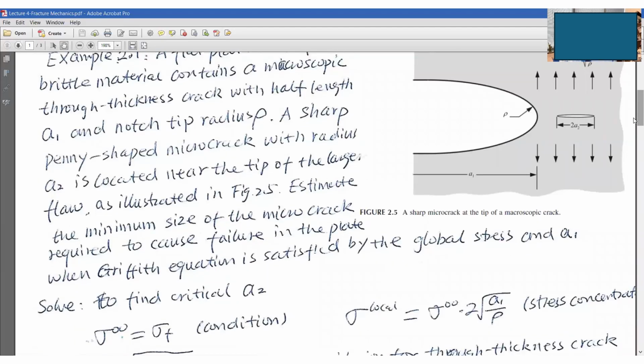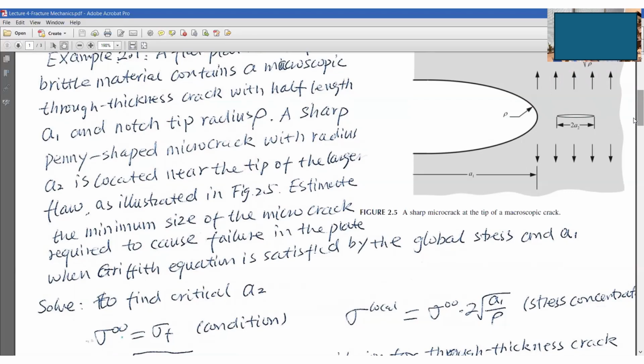We have learned how to calculate the stress concentration factor if we have a nominally remotely applied load and a given crack. We also know how to calculate sigma F, the failure stress, for a through thickness crack, and for a penny-shaped crack.